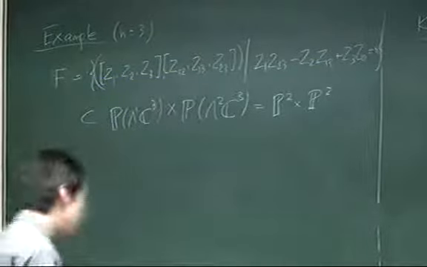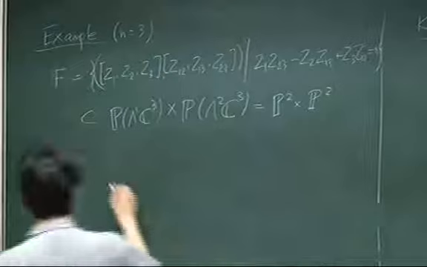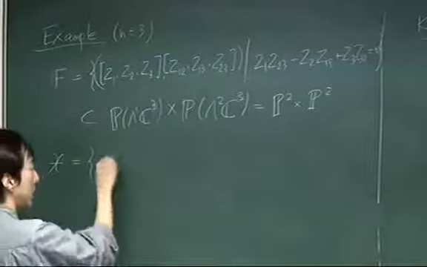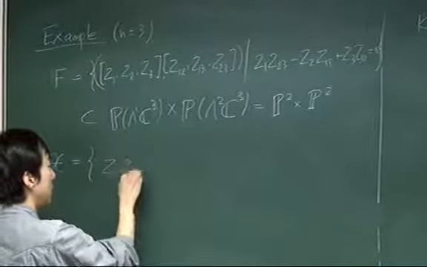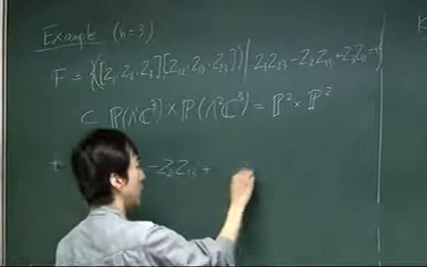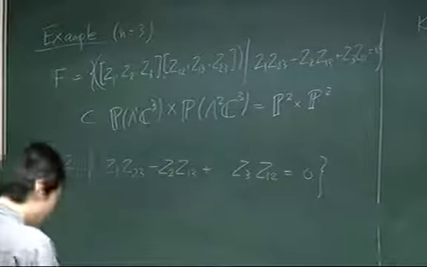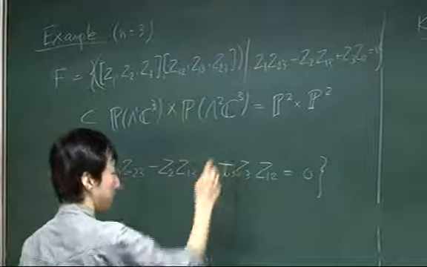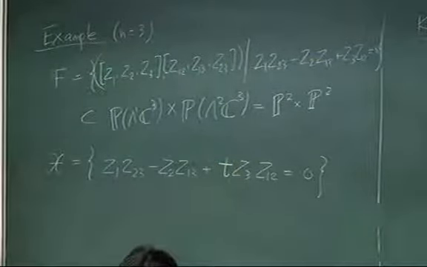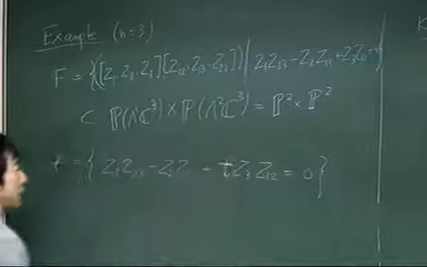And in this case, the family is given by this equation, where T appears here. When T is equal to 1, this coincides with this original relation.